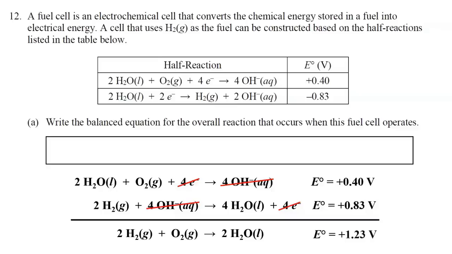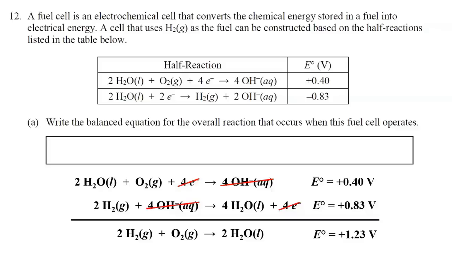And when I added up the cell potential for the 2 half reactions, it would be positive 0.40 volts plus positive 0.83 volts, and that gives me a value of 1.23 volts for the cell potential for this overall equation.